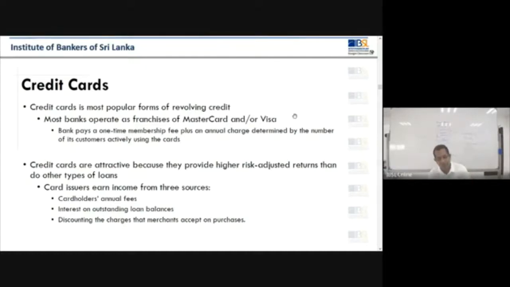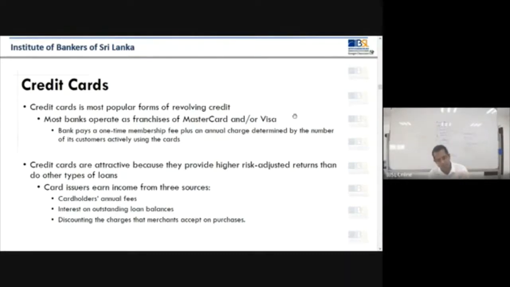So the bank needs to take the franchise. For that, banks pay a one-time fee. Then annually, we have to pay a fee based on the number of active cards.